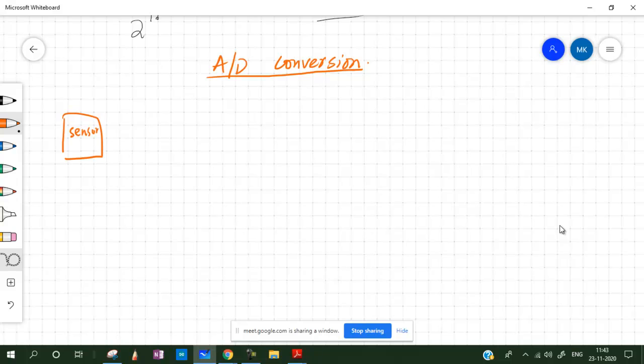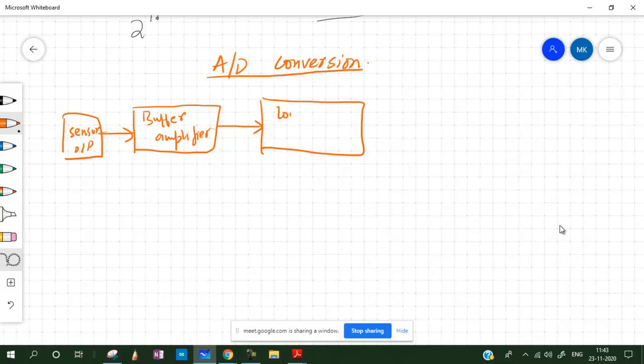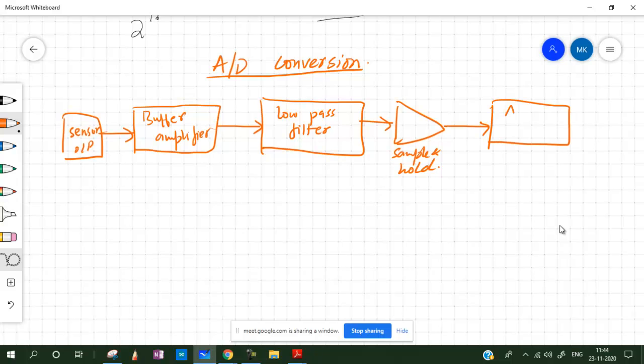So sensor output, then we do have something called a buffer amplifier, then we have a low pass filter, we have something called a sample and hold circuit, then we have the AD conversion, and obviously it goes to the computer or memory.